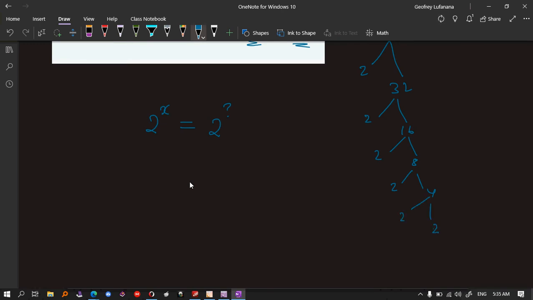So this gives me 1, 2, 3, 4, 5, 6. 2 to the power 6 is 64. So I have 2 to the power x equals 2 to the power 6.